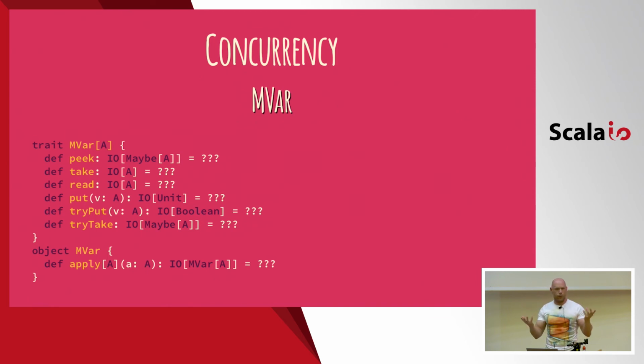And an mvar, for those of you who don't know, is a concurrent variable that is either empty or full. And those are the only 2 states. If it's full and you try to put, then it blocks. Not blocks in IO's case, it actually suspends. Same idea. And if you take when it's empty, it's also going to suspend until someone puts something in there.